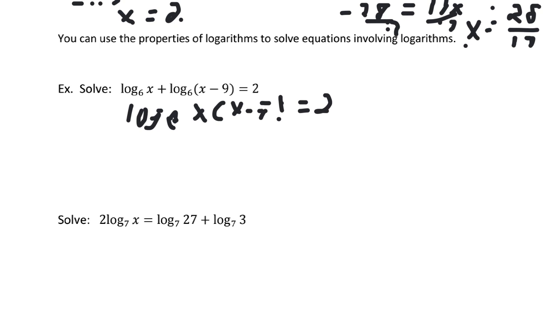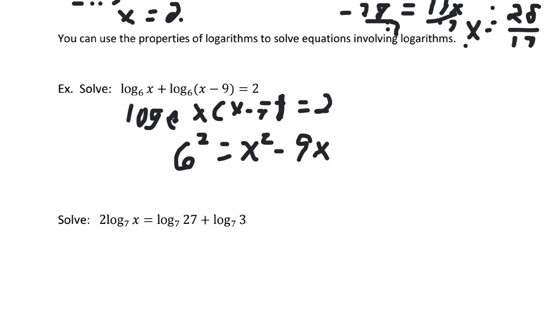I'm going to finish this problem, and then that'll be it for the day. And we'll work on the rest of these come tomorrow. So we've got log base 6, so 6 squared equals, multiply that in, x squared minus 9x.